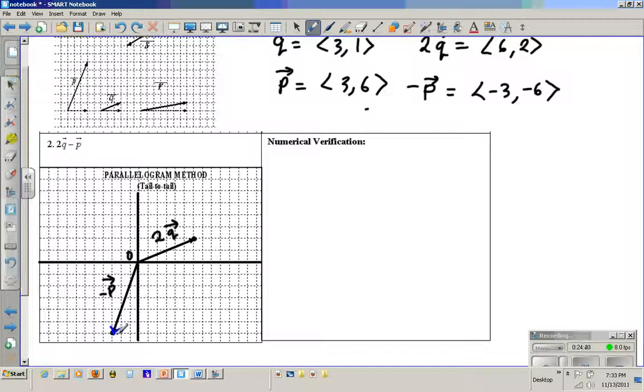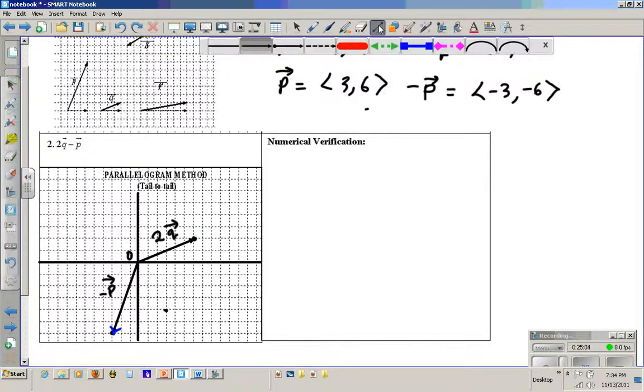So we're going to paste 2q on the tip of vector negative p. So we're going to go 6 to the right, 2 up. So let's do that. 1, 2, 3, 4, 5, 6 to the right, and 1, 2. I lost track. Let me do that again. 1, 2, 3, 4, 5, 6, and 1, 2 up. See the direction of 2q going up?